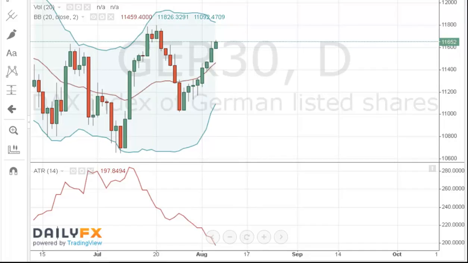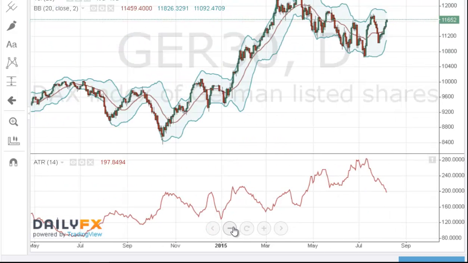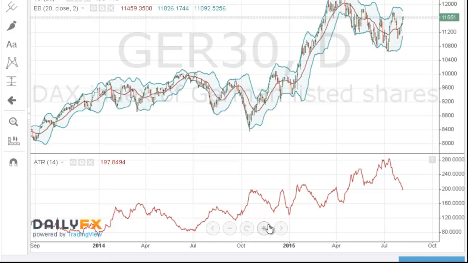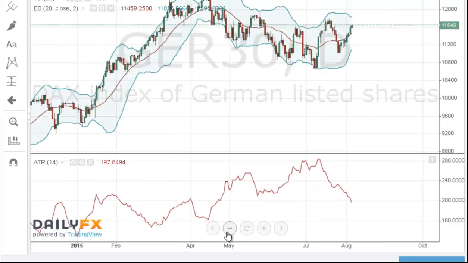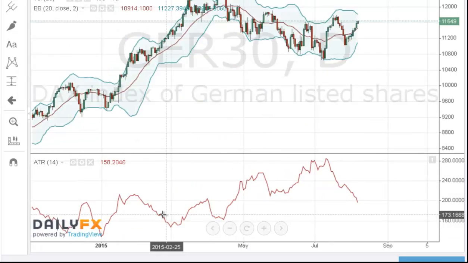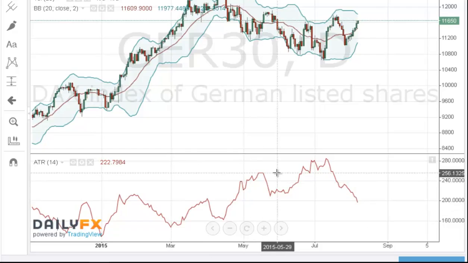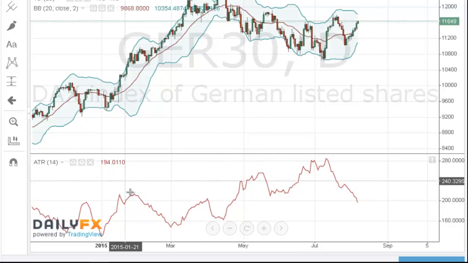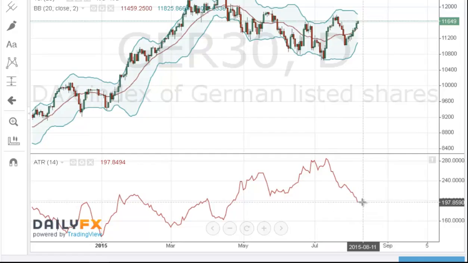Now if you zoom back a bit, we can see some patterns. I'd immediately go, this seems to be higher highs and higher lows, and you could nearly draw a line connecting this low and this low, which would suggest that the true range is going to start increasing again.